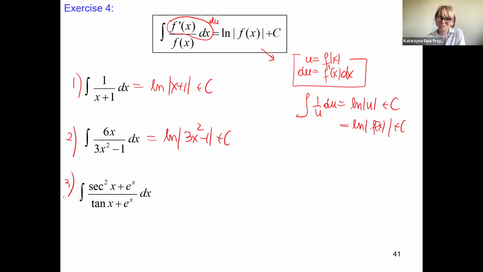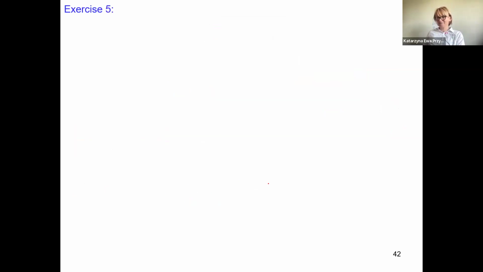Crazy one. We don't have to be worried. We can say, derivative of tangent is sitting in the numerator. Derivative of e to the x. Then natural log of the function from the denominator. Perfect. Okay, just in case I like to show you these shortcuts. Okay, number 5.